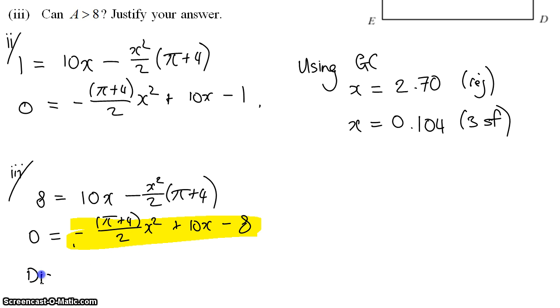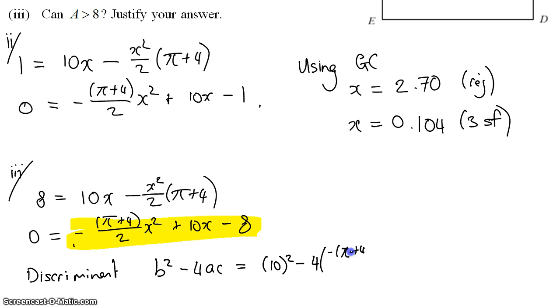Discriminant: b squared take 4ac is going to be 10 squared take 4 times minus (pi plus 4) over 2, times c, which is minus 8.